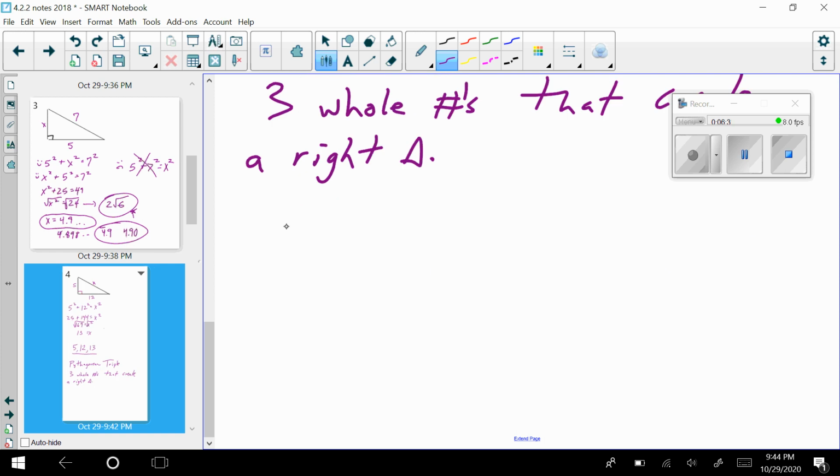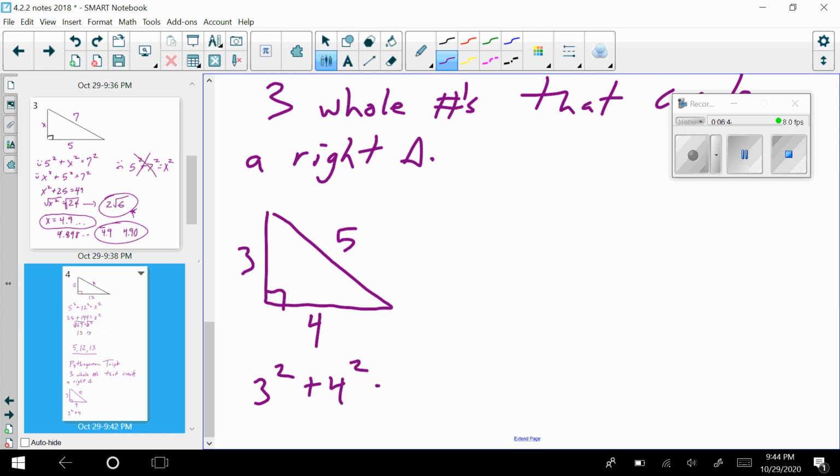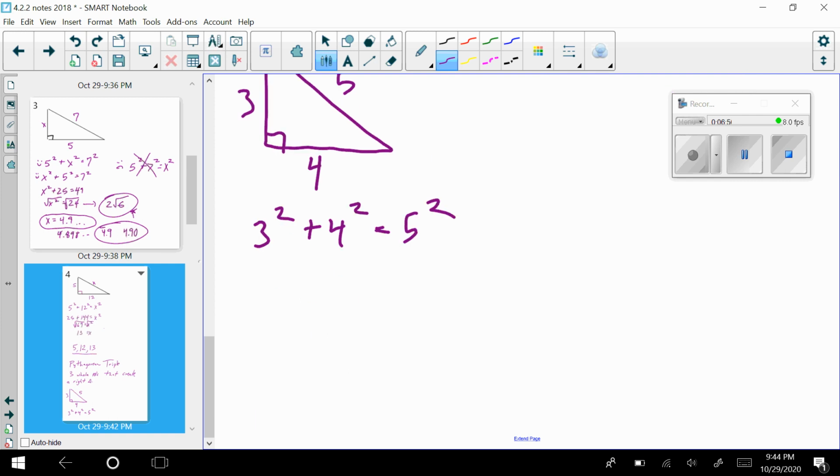Okay, so probably the most basic one that most people know is 3, 4, 5. This creates a right triangle every single time. 3 squared plus 4 squared is equal to 5 squared: 9, 16, 25. So 3, 4, 5.